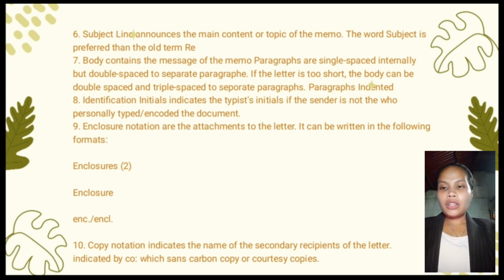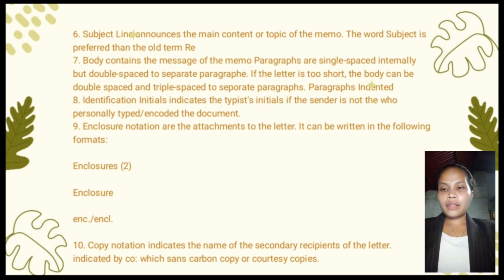The identification initials are included if the sender did not personally type or encode the document, and the enclosure notation indicates any attachments. Finally, the copy notation lists the secondary recipients of the memo.